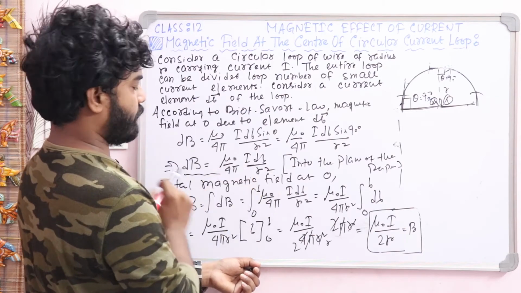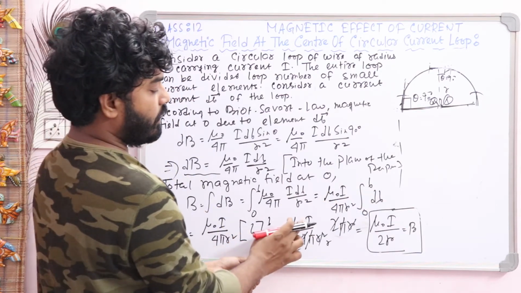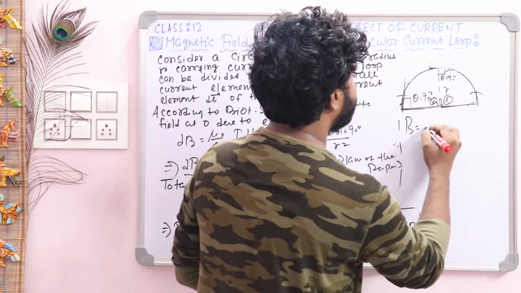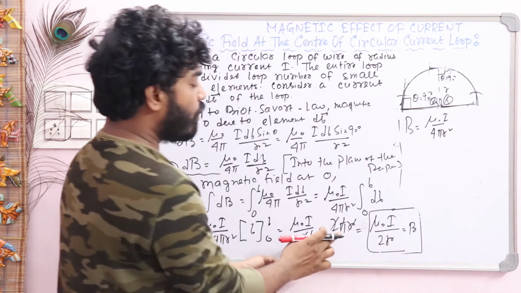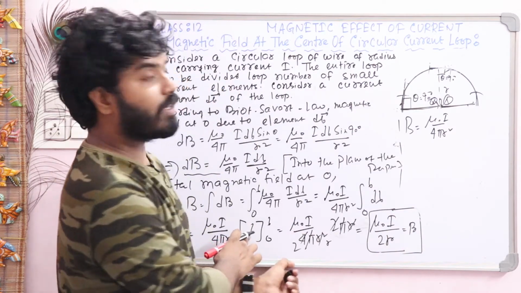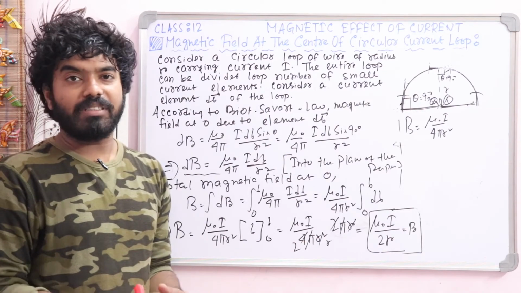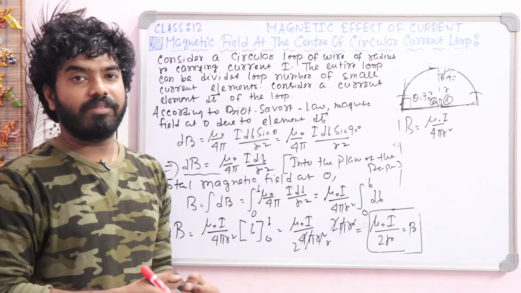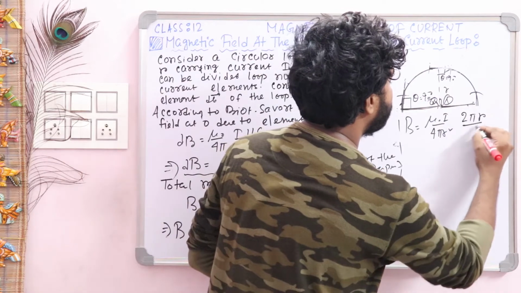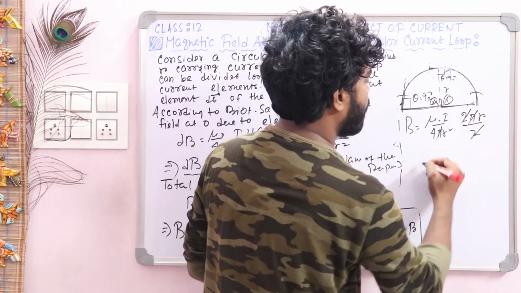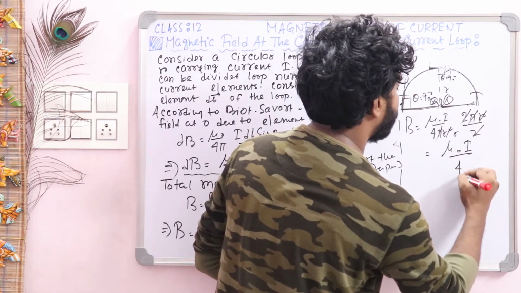Now you integrate, integration del L, that means L, so B is equal to mu naught I by 4 pi r square, times the integration of L. And what will this value be for the semicircle? The length of the semicircle is half the circumference, which is 2 pi r divided by 2, so 2 cancel out, pi cancel out, and r cancels out. That gives mu naught I upon 4 r.